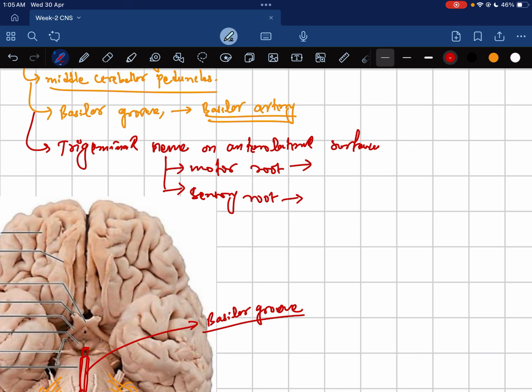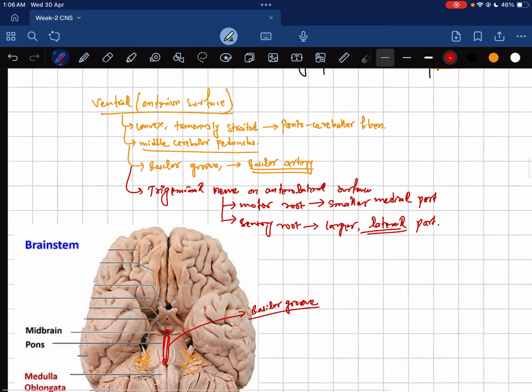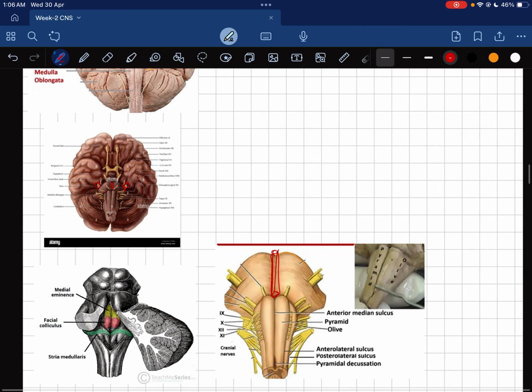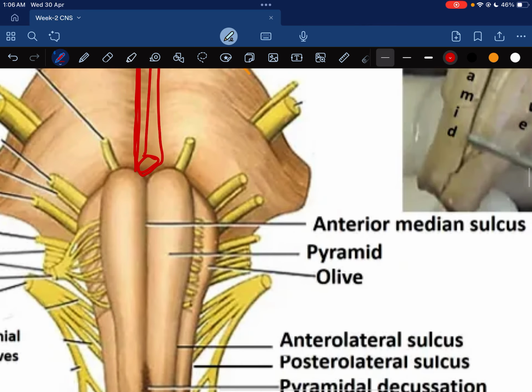The motor root is smaller and in the medial part, but the sensory root is larger and in the lateral part. You can look in this image. Here is the trigeminal nerve.